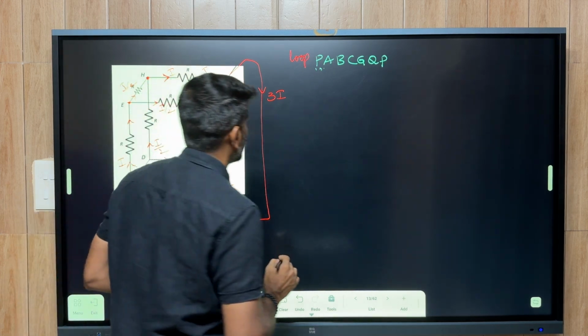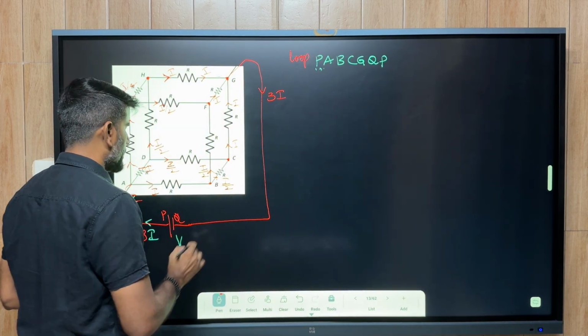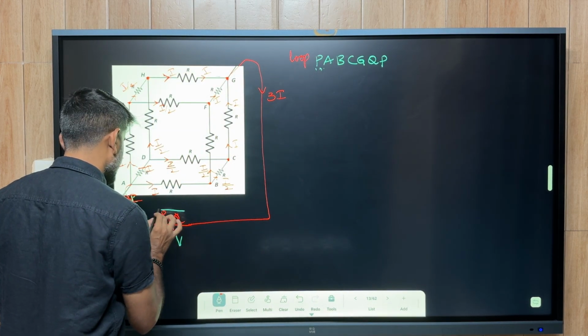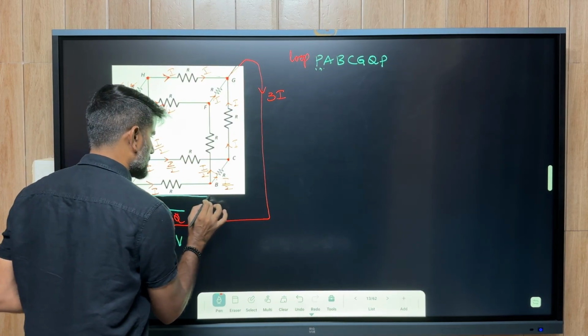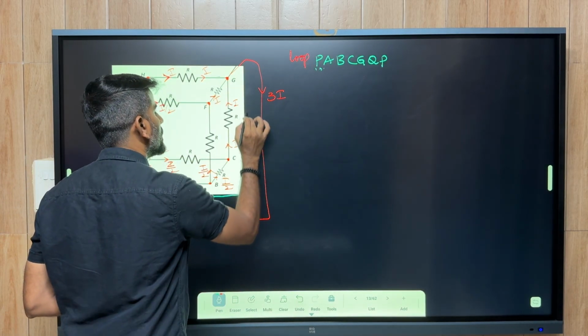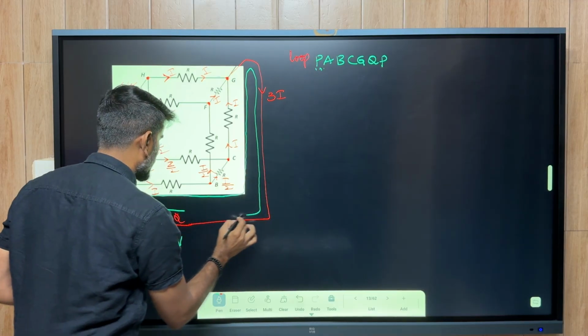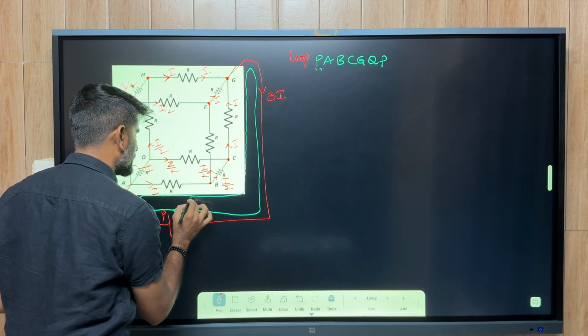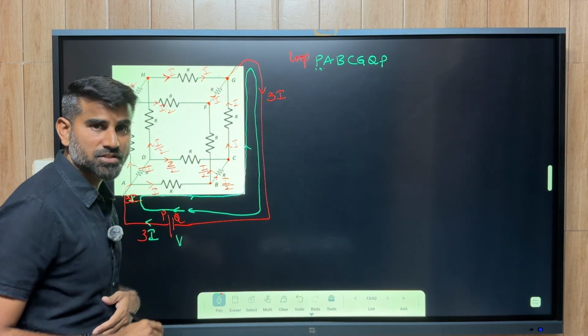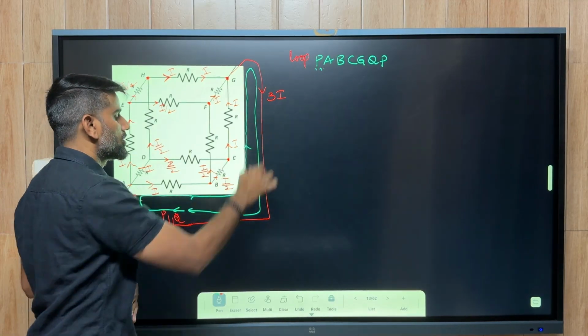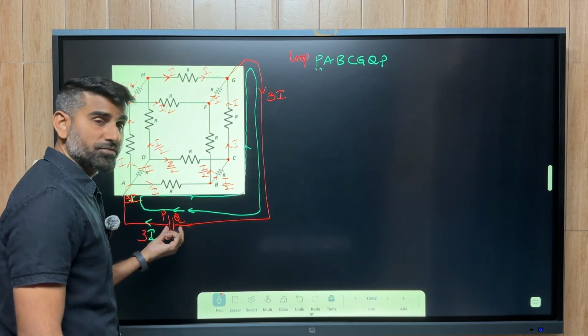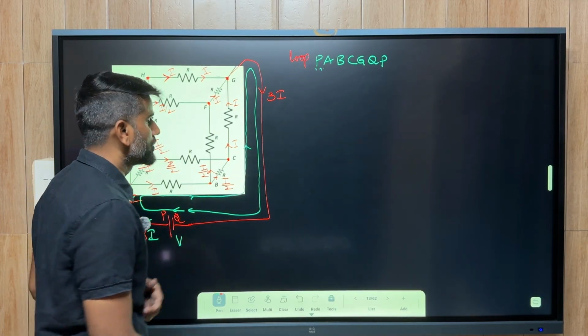Now I'm taking the direction of the loop in the clockwise direction. I am starting from the battery, the voltage source.